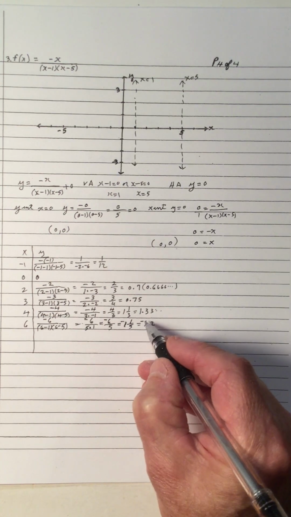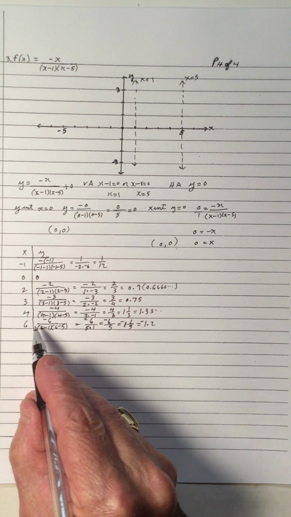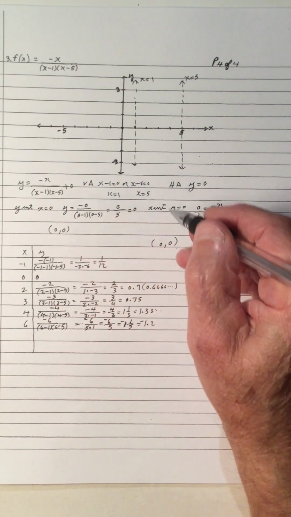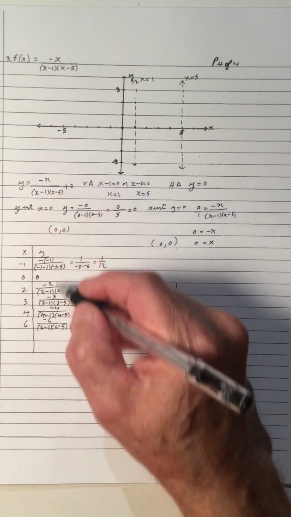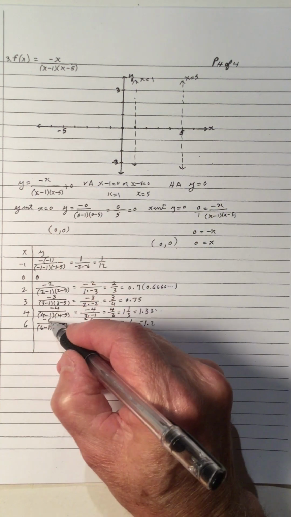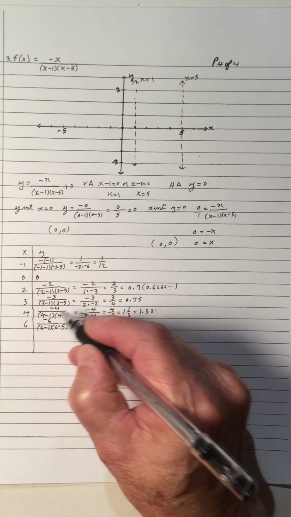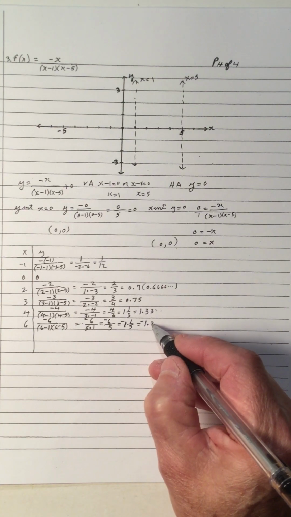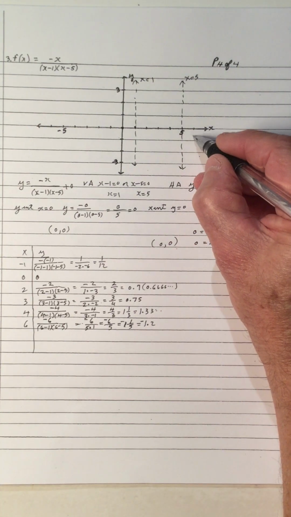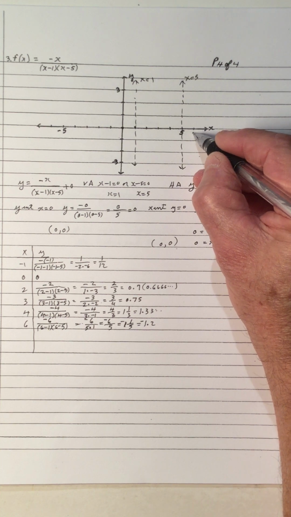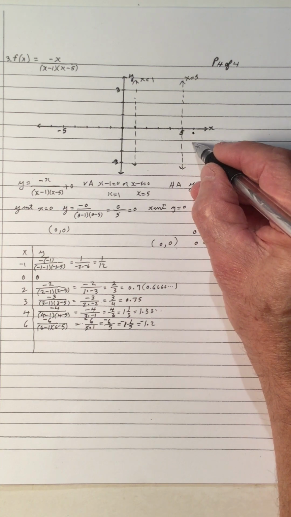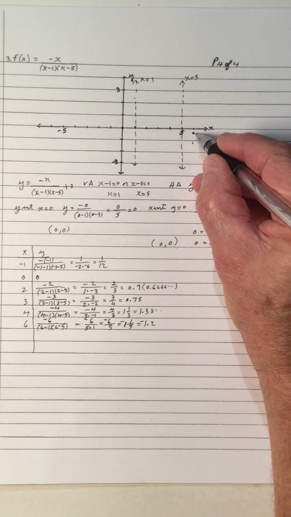Yes, when I put a 6 in here, I didn't make it negative. I made all the rest of them negative, but not this one. It's a negative 6, so it's a negative 1.2. Nope, not there. 1.2 is right here.